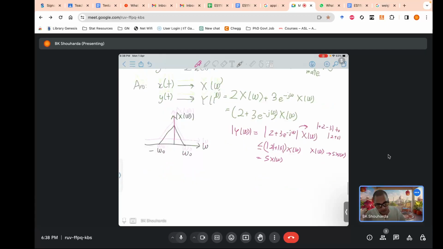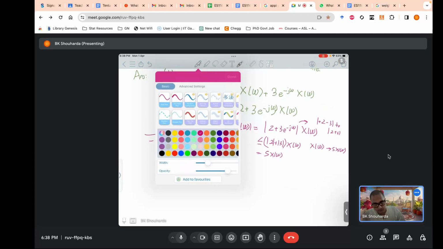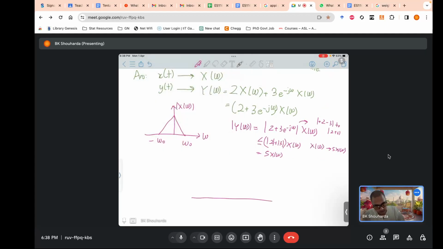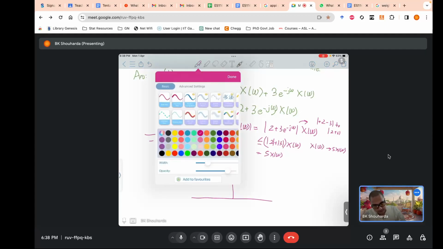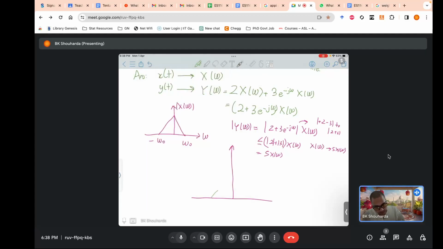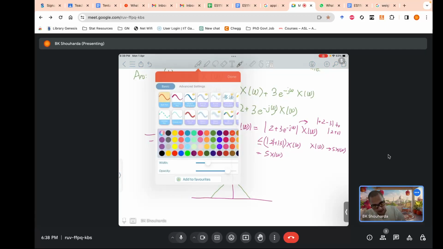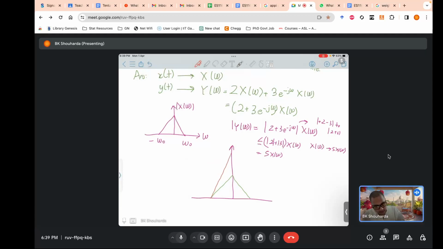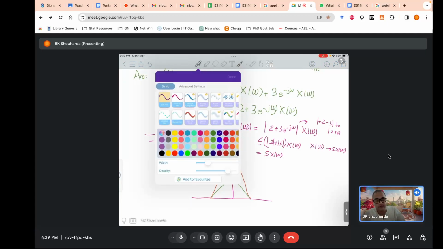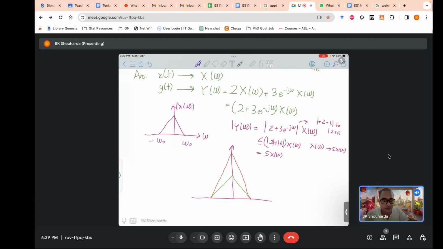So if x of omega is like this, then 5x of omega is like this, and so the combination y of omega, although I can draw it deterministically, I am just showing this to give you a flavor of how to evaluate things without going for the actual calculation.